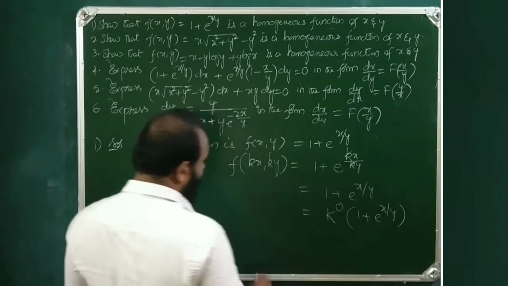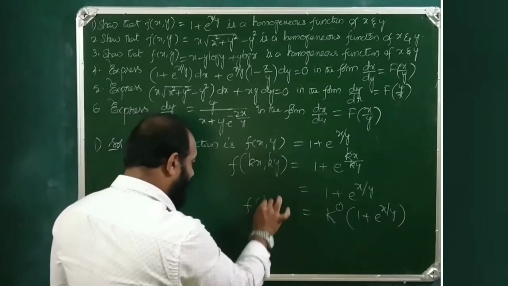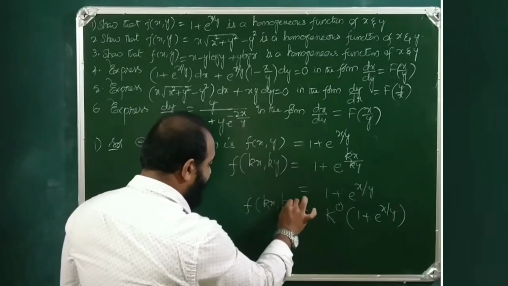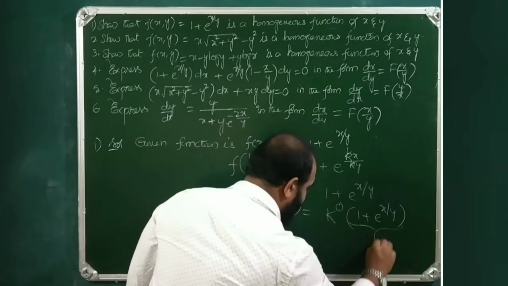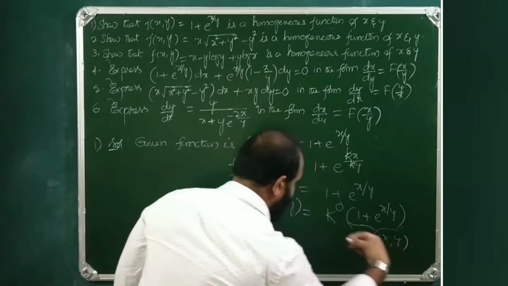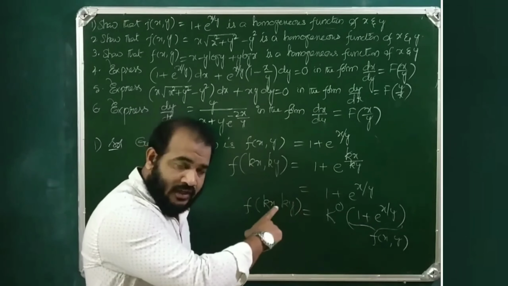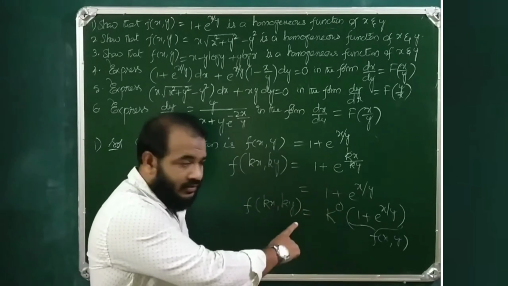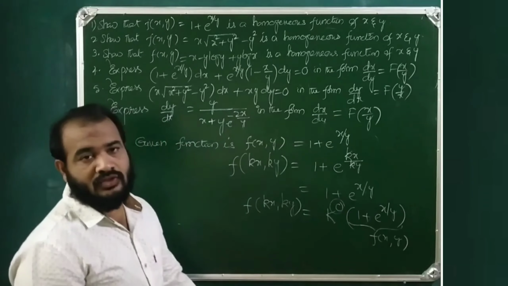Therefore, since we have succeeded in expressing f of kx comma ky as k power 0 into again the same f of x, y, this is a homogeneous function of degree how much? 0.